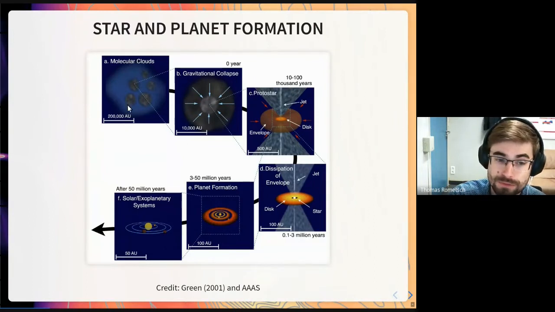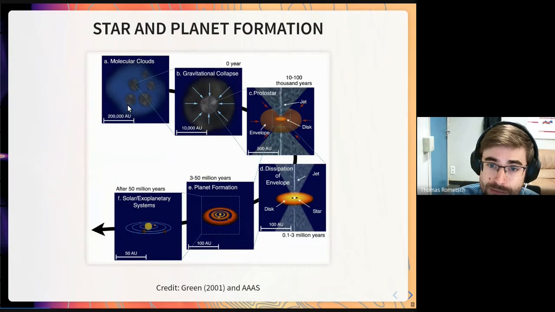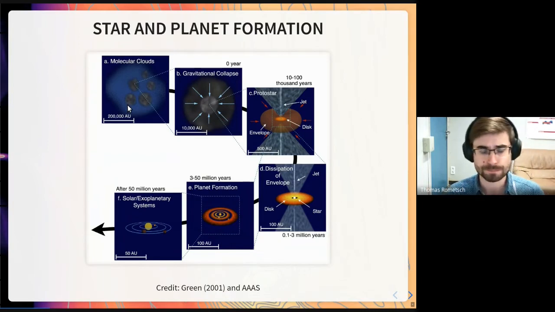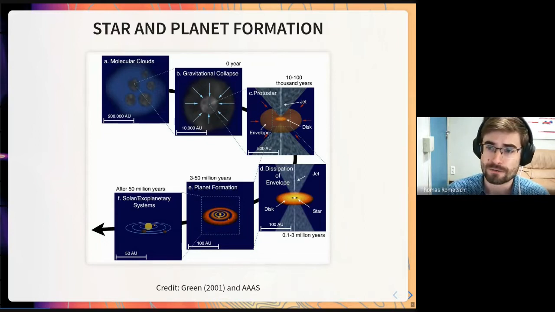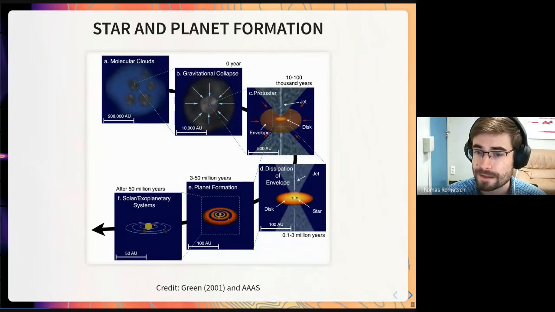So obviously star formation starts in a molecular cloud. A part of it is prone to gravitational collapse. Then over some 100,000 years, the first and the second core is formed. And then we get the protostar, essentially. And the length scale for that is 10,000 AUs approximately.